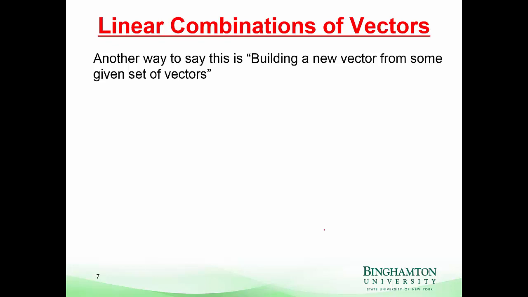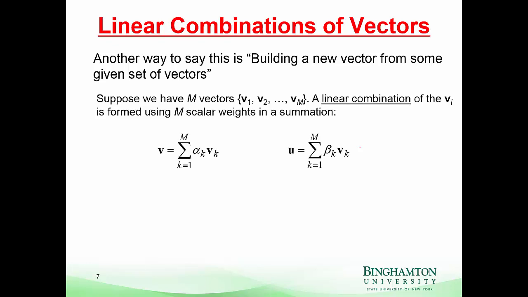And now this is the biggest idea in this set of notes, I'd have to say. Linear combinations of vectors. This is the root of everything that we'll be doing. So focus on being able to visualize this idea. What we're really trying to do is build a new vector from some given set of other vectors. So suppose we've got m vectors. We're not saying what the dimension is here, but they all have to have the same dimension.